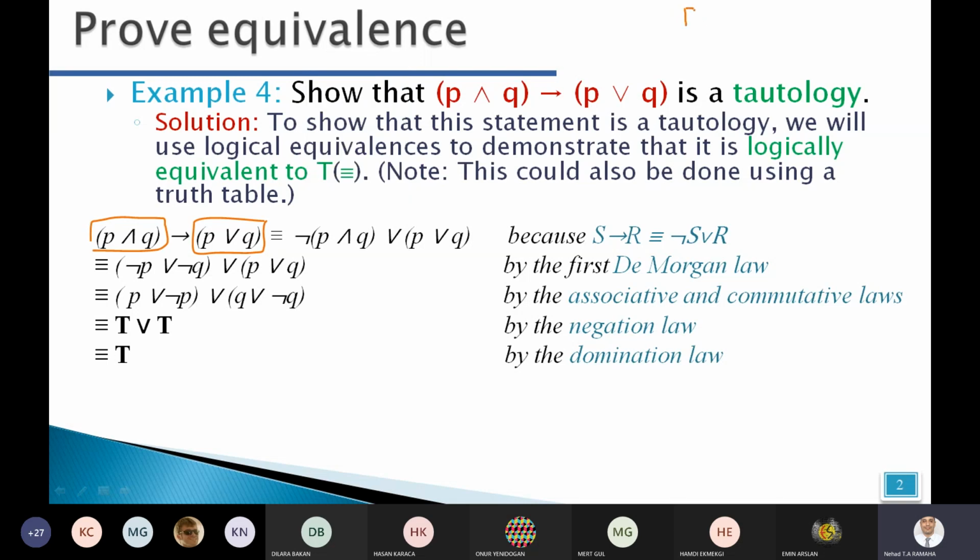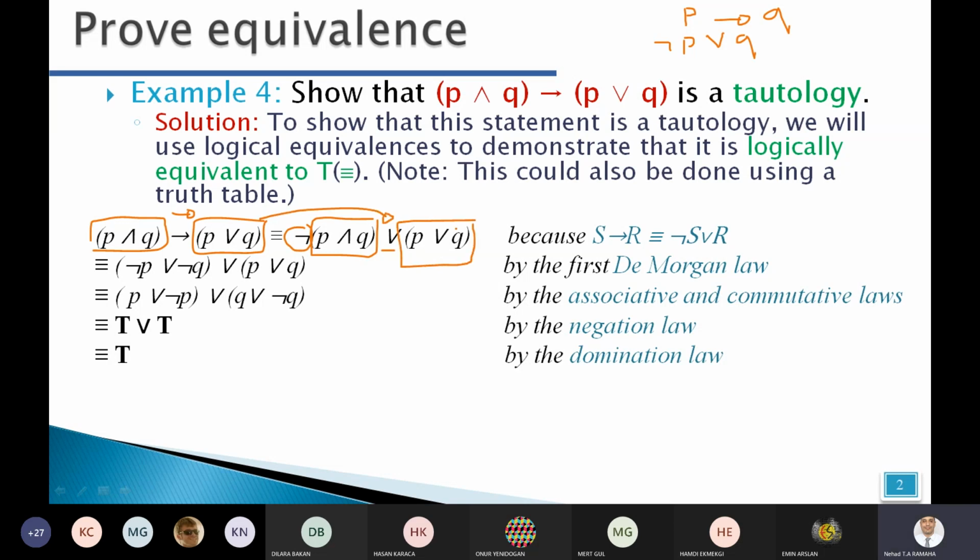If we have P implies Q, then it's not P or Q. Then we have this side implies this side, so the result will be the first side with a negation, or the second part.